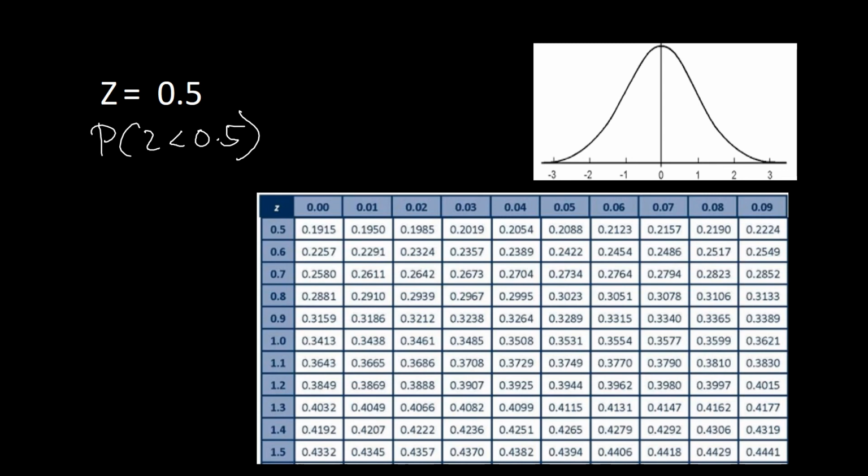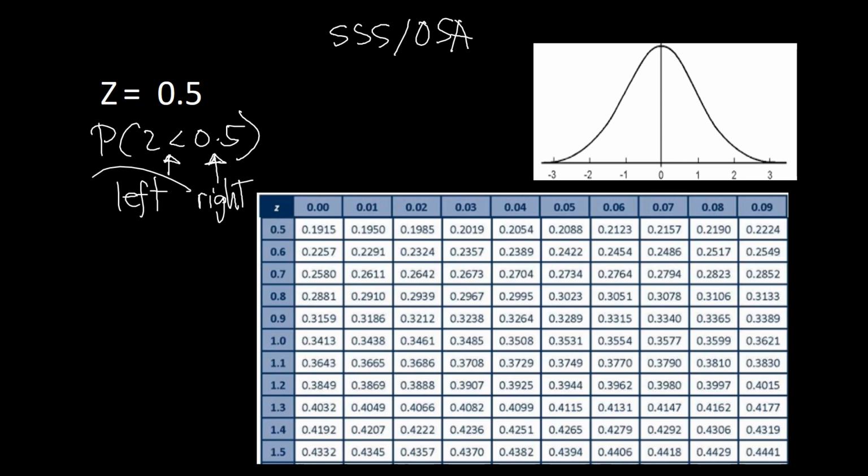So again, we are going to consider our SSS or the OSA because we are looking for the area. So again, we have here the tail part which is pointing towards the left side. So we have left side direction of your area. And then this one here, the value is positive. It's located on the right side. So we have left, right, they are opposite. So we're following OSA in which we're adding 0.5 and the corresponding value of 0.5 as an area, which is 0.1915.